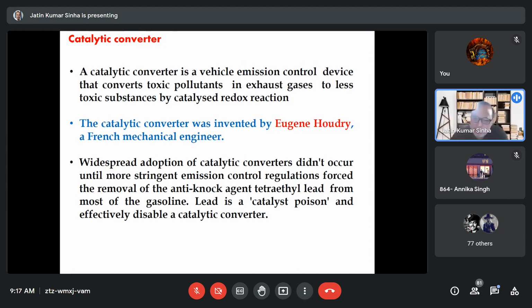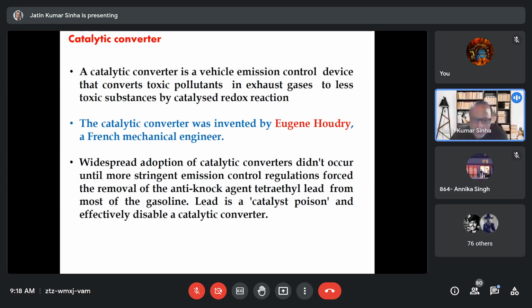This was developed by the French mechanical engineer Eugene Houdry, and thereon we have different emission rules followed by different countries. Currently we have Bharat 6, or BS6, as it is popularly known. The widespread adoption of catalytic converters didn't occur until more stringent emission control regulations.